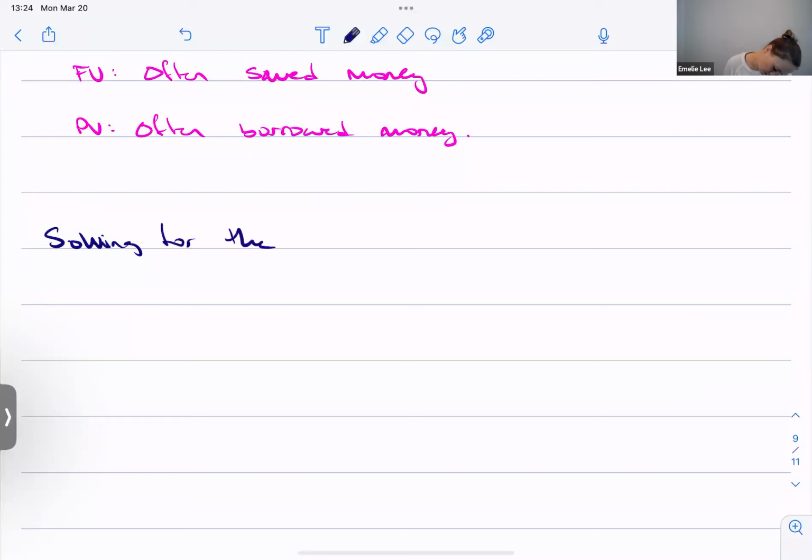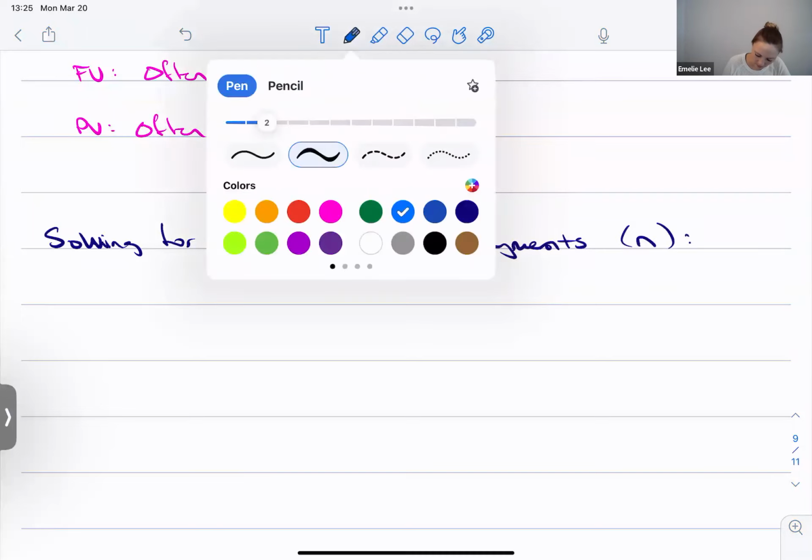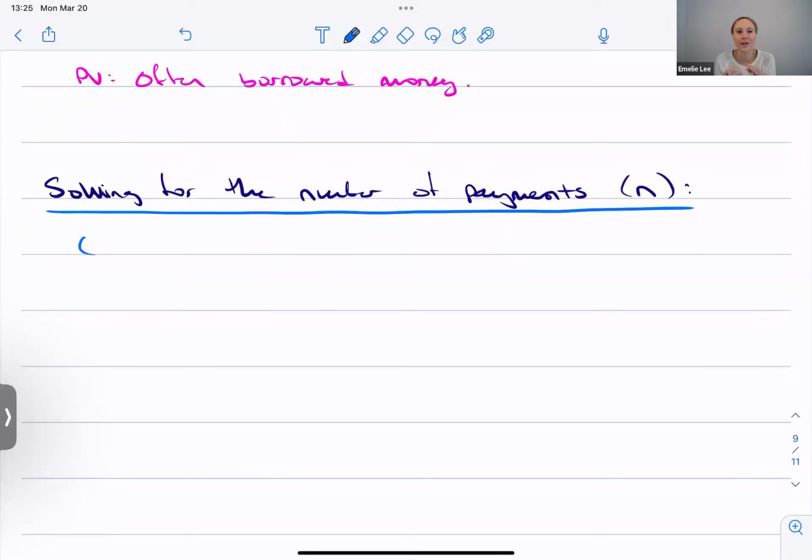Solving for the number of payments, N. Or usually we're solving for how long is it going to take?